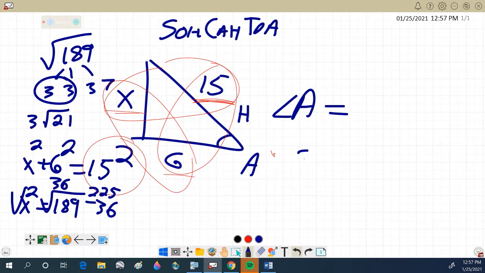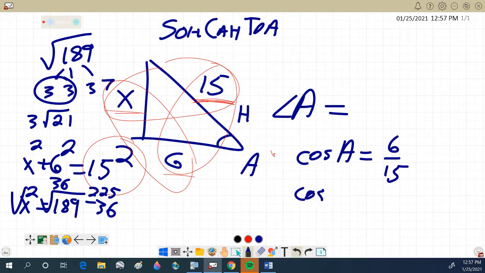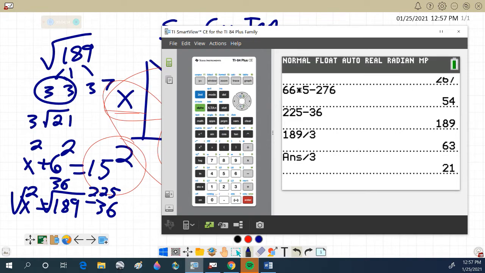So I know that the cosine of A is 6/15. So I invert that, and I get the cosine inverse of 6/15 is A. And then I just ask my calculator, what is the cosine inverse of 6/15?